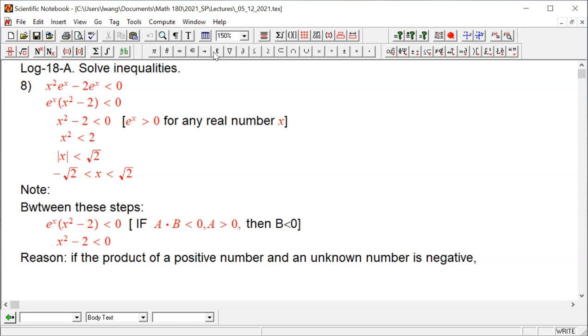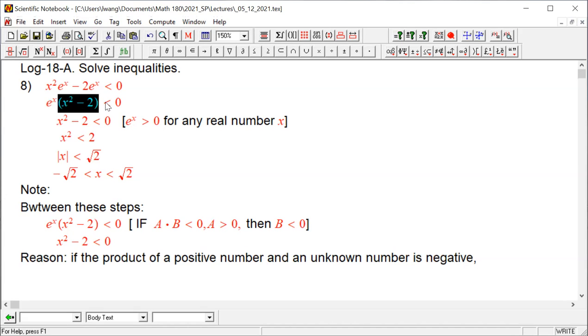So that's the reason. We have to think about what the narrative is, what the context is. If the product of two numbers is negative, and we already know one of the numbers is positive, of course the other number must be negative.